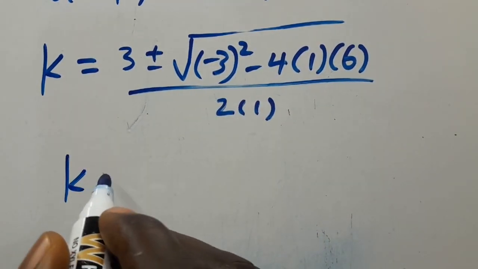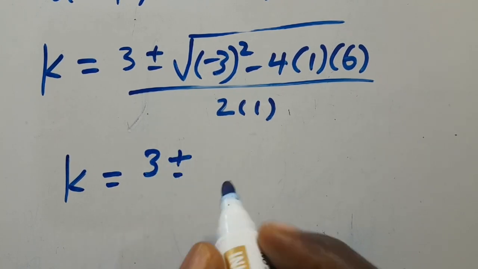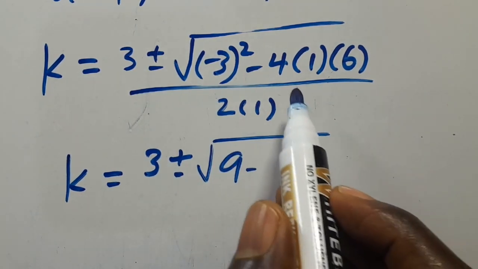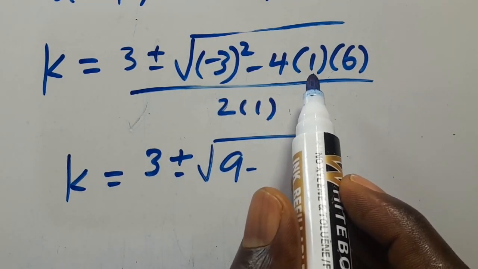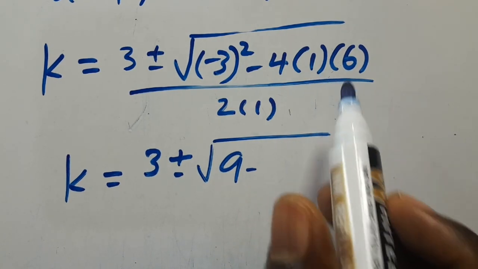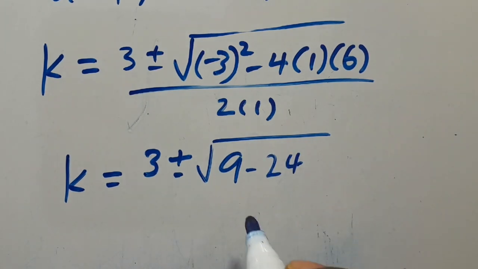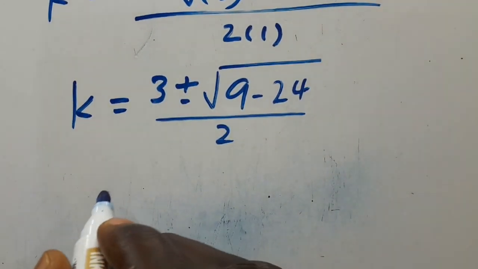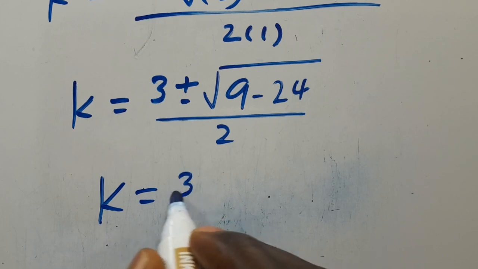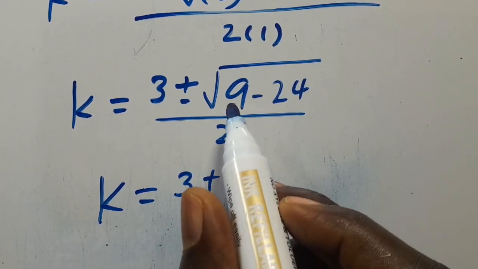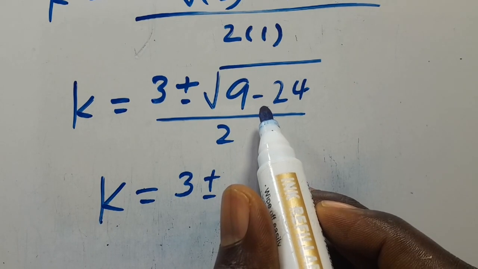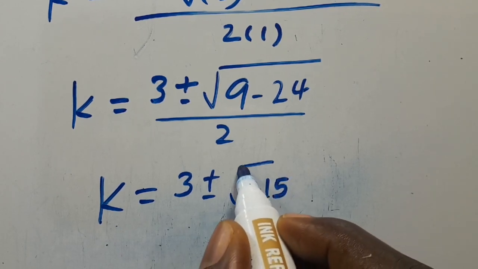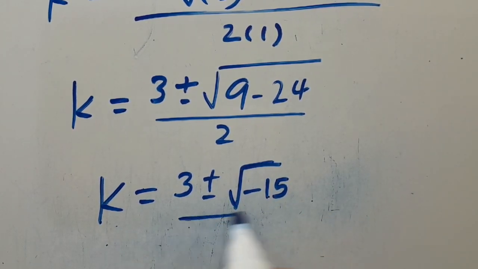So we are going to have k equals 3, positive or negative, square root of this one, we have 9, minus 4 times 1 is 4, times 6 will be 24, then divided by 2. So from here we have k equals 3, positive or negative, 9 minus 24, we have it to be minus 15, square root of minus 15 divided by 2.